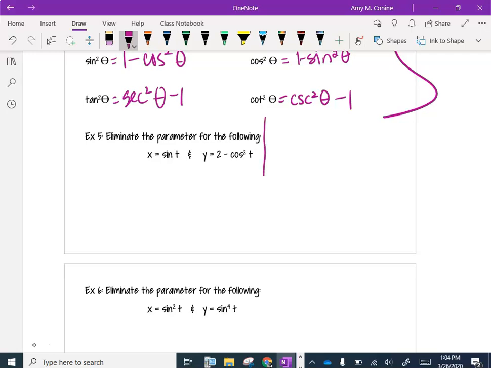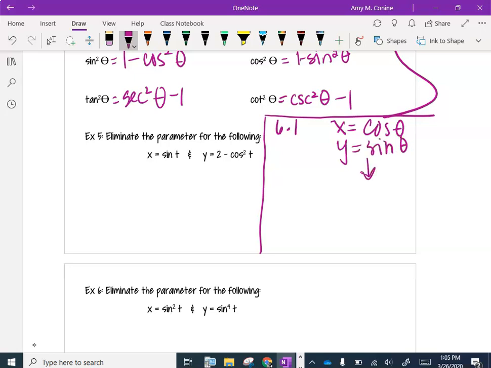One thing we want to make sure that we understand, just in general, is that x is related to cosine theta and y is related to sine theta.